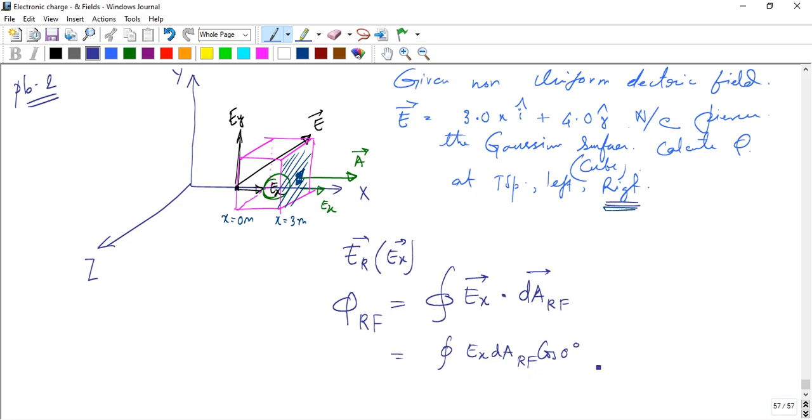Cos 0 is 1, because on the right side E and A are in the same direction, so theta is 0 degree. So Ex times the integral of dA.